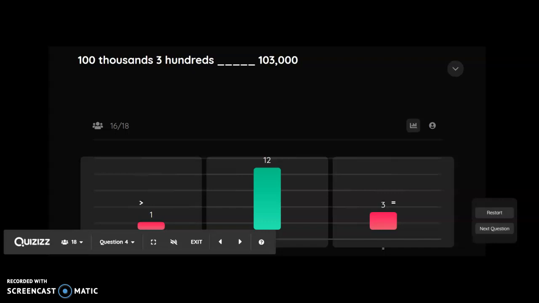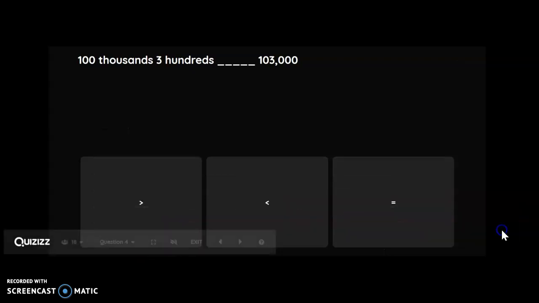Because the other one has 3,000, the other has 300, and 3,000 is 10 times 300. Exactly. They both have 100,000. They have no 10,000s. The first number has 0 thousands. The second number has 3 thousands, and we know that 0 thousands is less than 3 thousands. Okay? Next question.